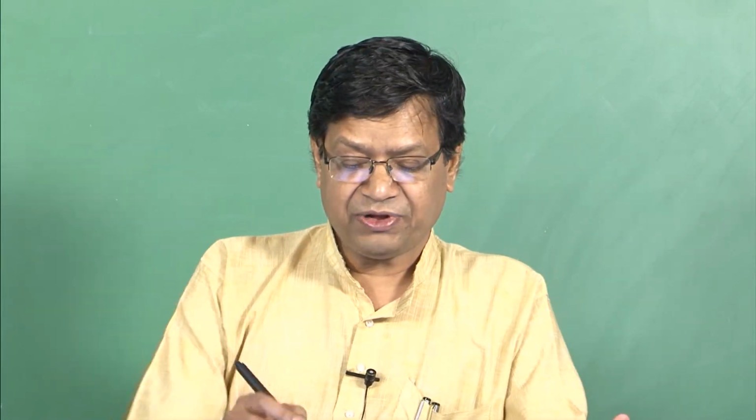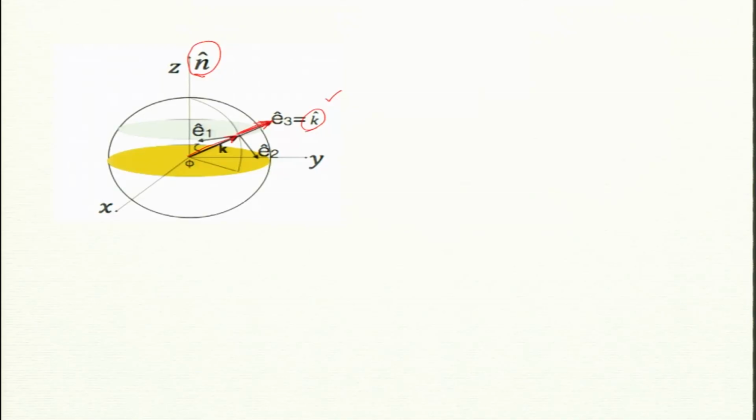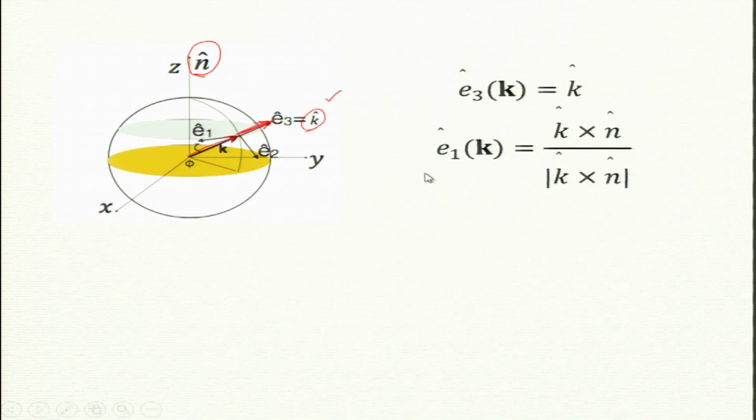You can choose n cap in any direction you like. Now given n cap and k cap, I construct E1 like this: k cap cross n cap divided by its modulus. Cap means unit vector, so length 1, but direction along k.